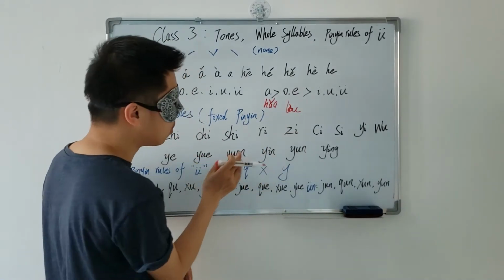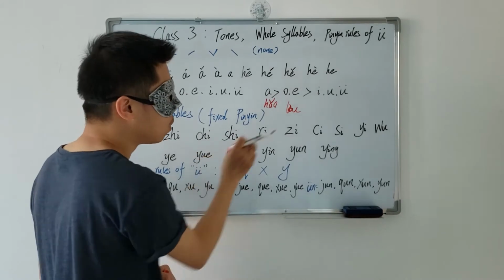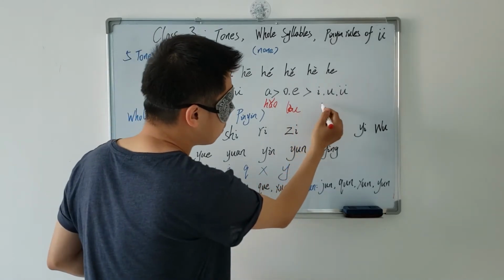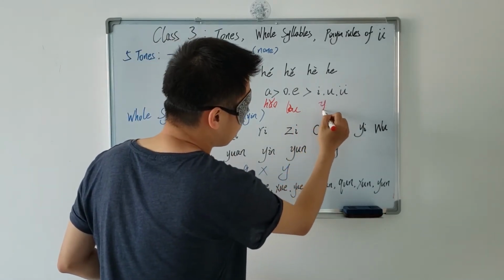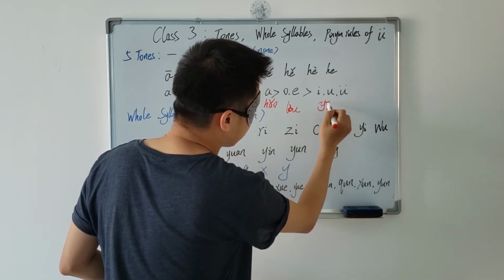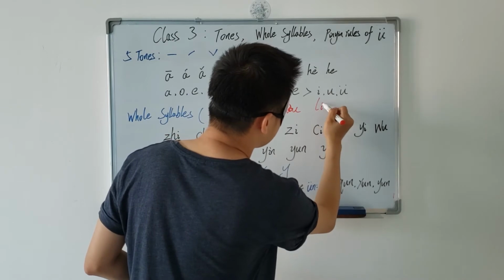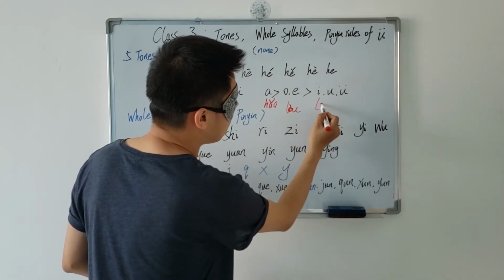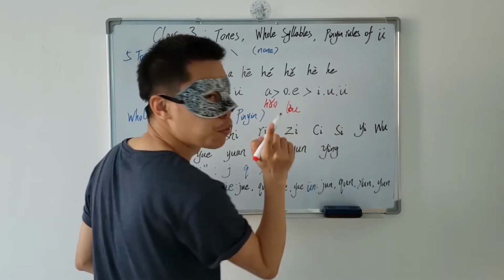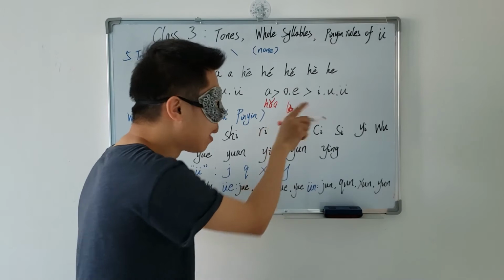So what if there is no a, o or e? Then you see the rest three. If there's only one of them, for example, li, then you put it on the i. But if there are two of them in the pinyin, you put it on the second letter.